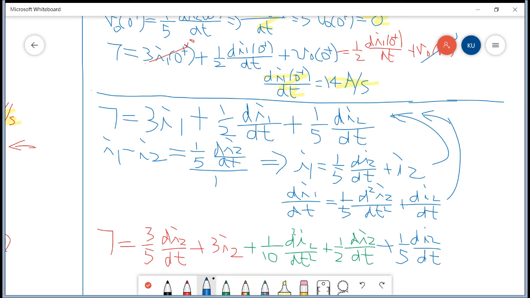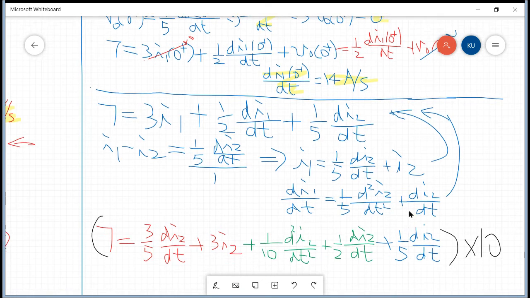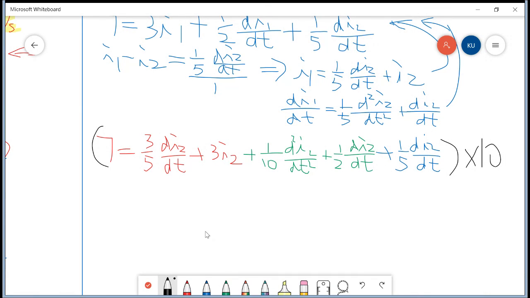Yeah, something like this. Then we can just multiply both sides by 10. Then it will look like this. This is 70.